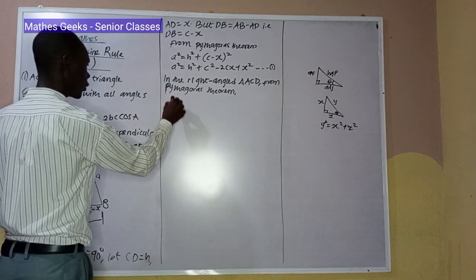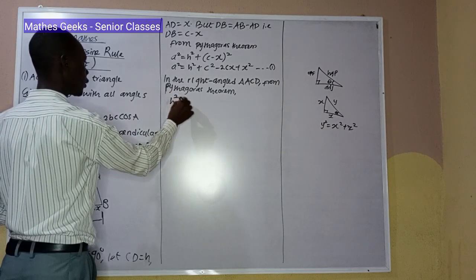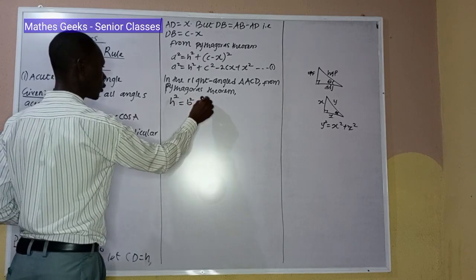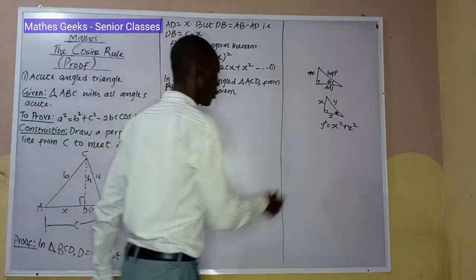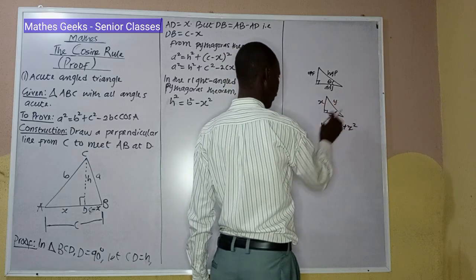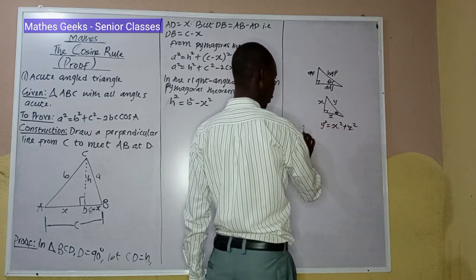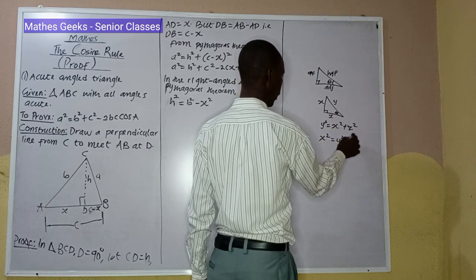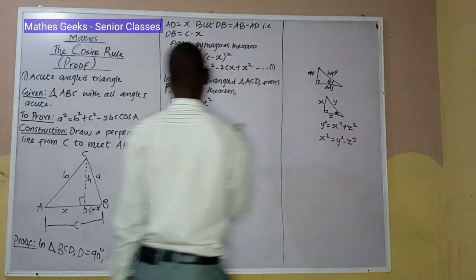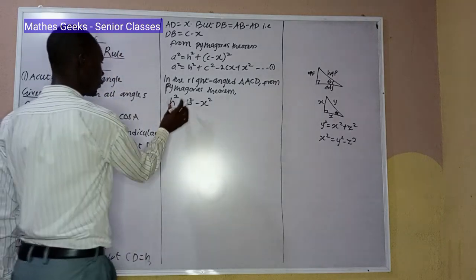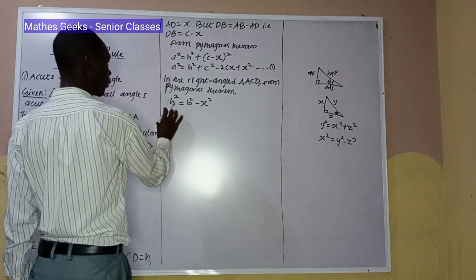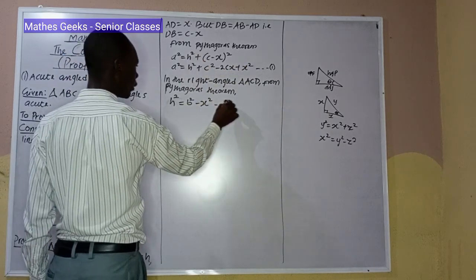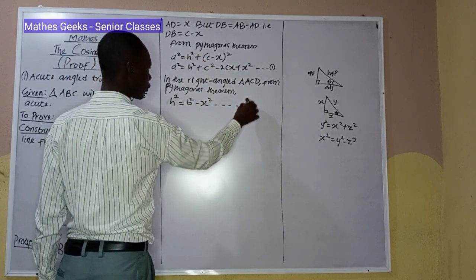So start with h squared. h squared is equal to our hypotenuse, b squared, minus x squared. Same thing applies here. Instead of starting with y squared, we can make any of them the subject of the formula. If you make x squared the subject, it's now y squared minus z squared. This is exactly what we have here. We choose h squared to be the subject because we want to substitute this into equation 1 in place of h squared. Equation 2.